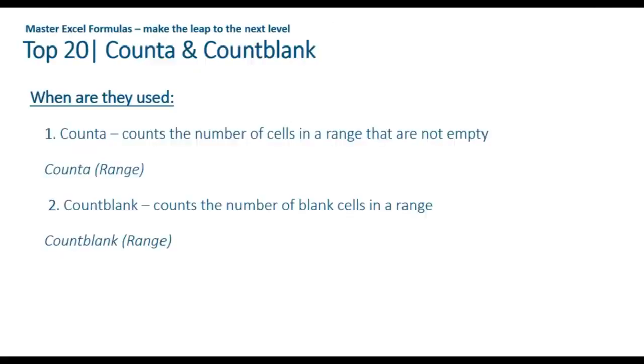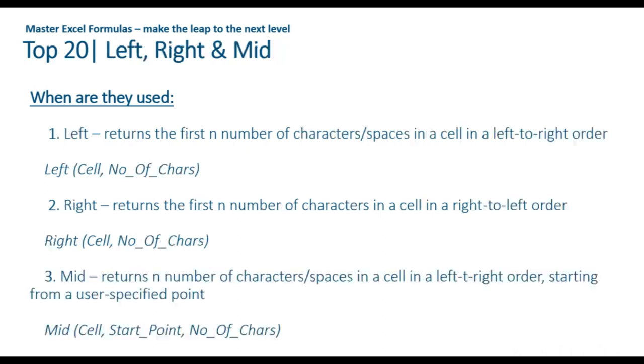going back to the presentation, the second set of formulas here is LEFT, RIGHT and MID. These formulas have to do with extracting a specific number of characters from a cell.